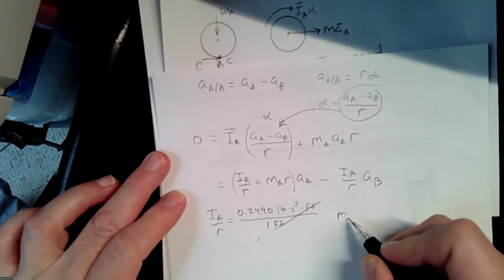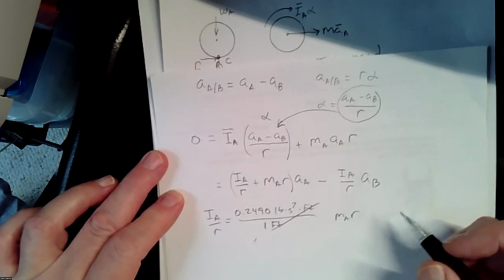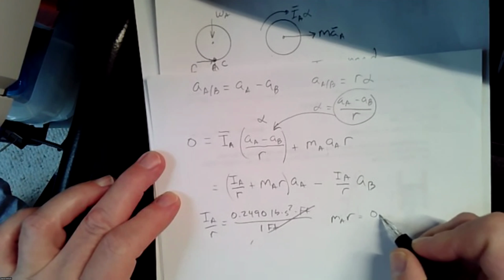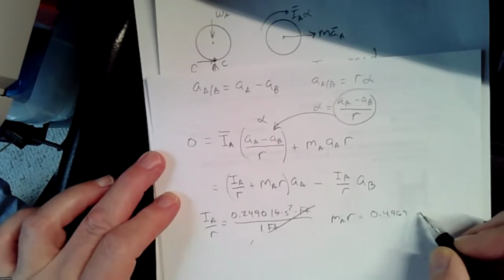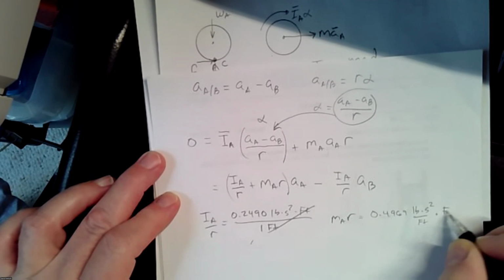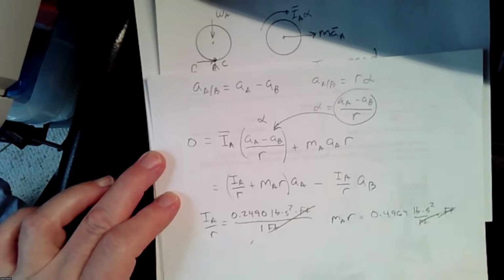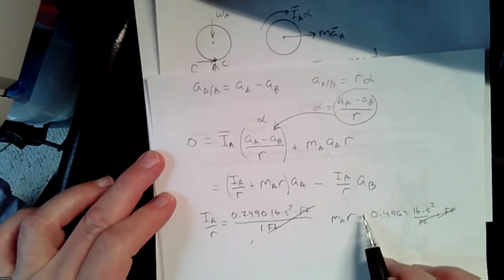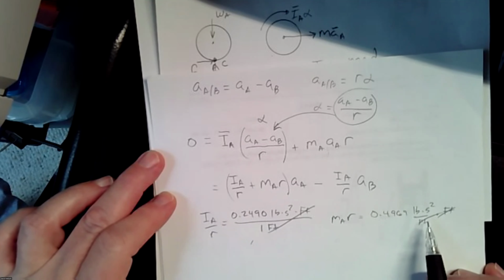And MAR is what? That equals 0.4969 pound second squared per foot times foot. So of course the feet cancel. So of course we have the same units, right? So divide that, multiply by it, we get the same units.